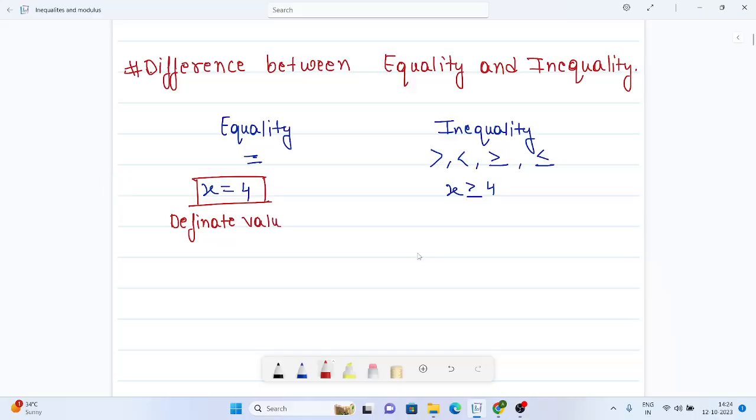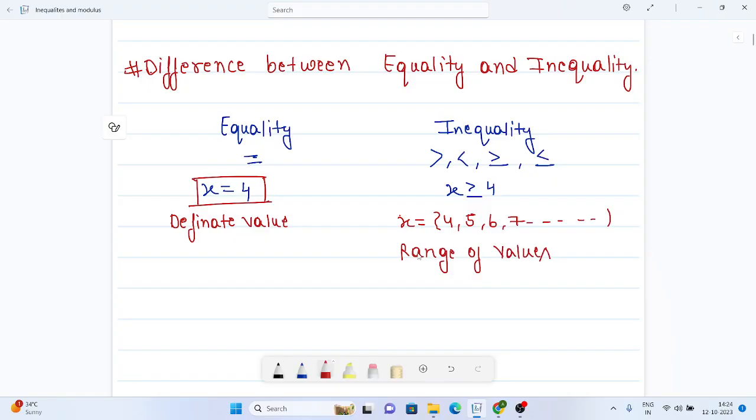But in inequality, when you say x is greater than 4, that means x may be 4, 5, 6, 7 and so on. So inequality gives a range of values, not a definite value, while equality gives the definite value.